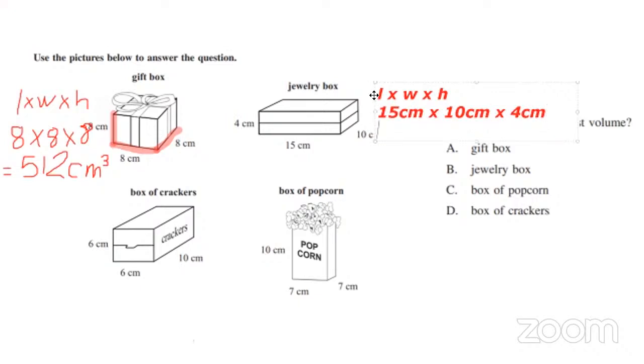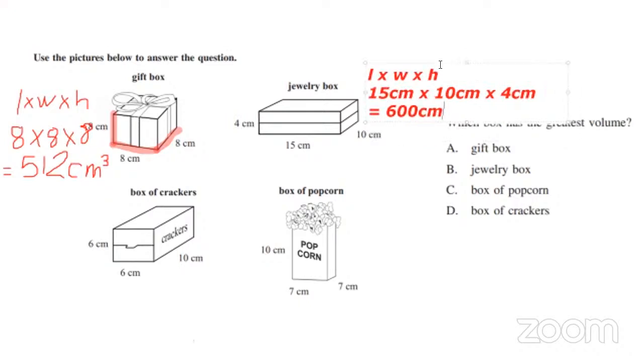And that will give us a product of 600 cubic centimeters. You just hold on a minute, because if you just write 600 centimeters, that will certainly be incorrect if you don't have your little cube up here.